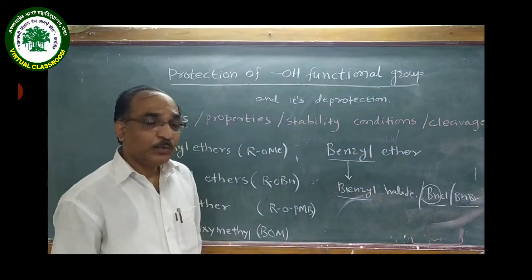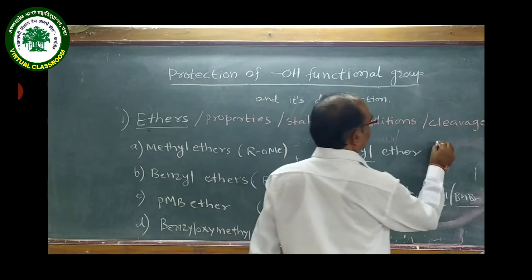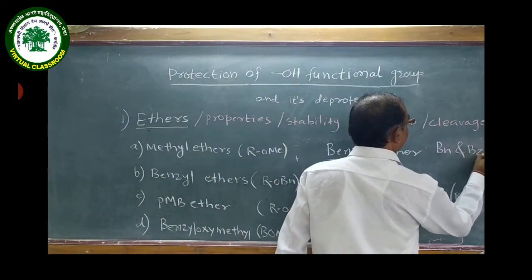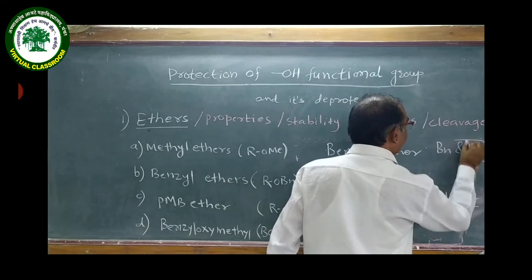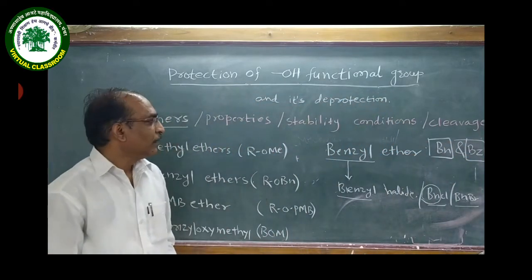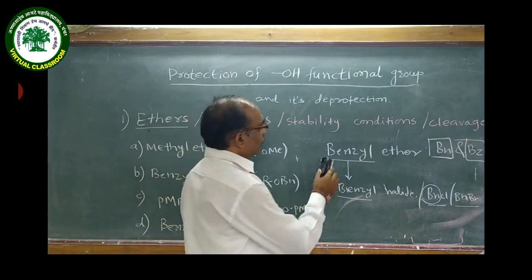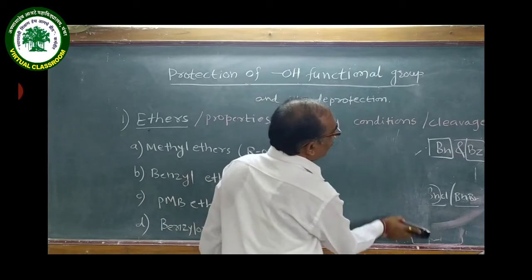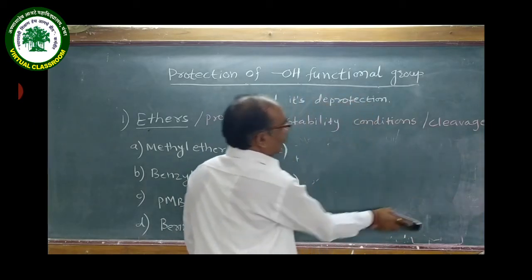The notation for benzyl is Bn. Once again, don't confuse Bn with Bz. We'll discuss the Bz part later on, but now we focus on the benzyl part. Bn is the notation for benzyl.